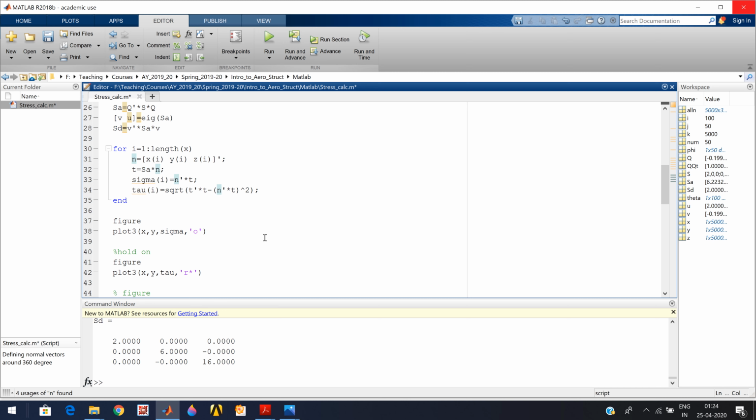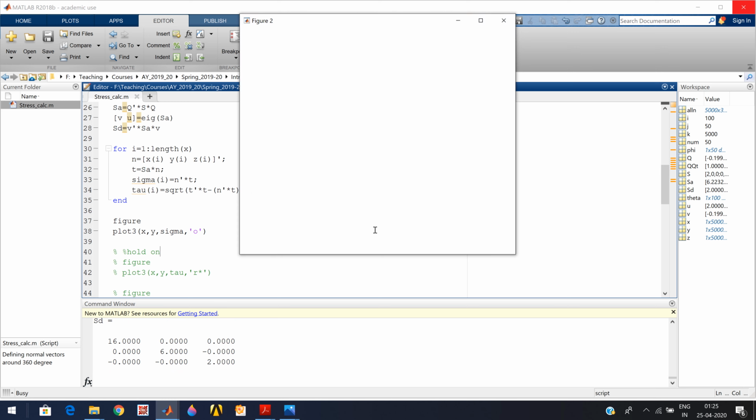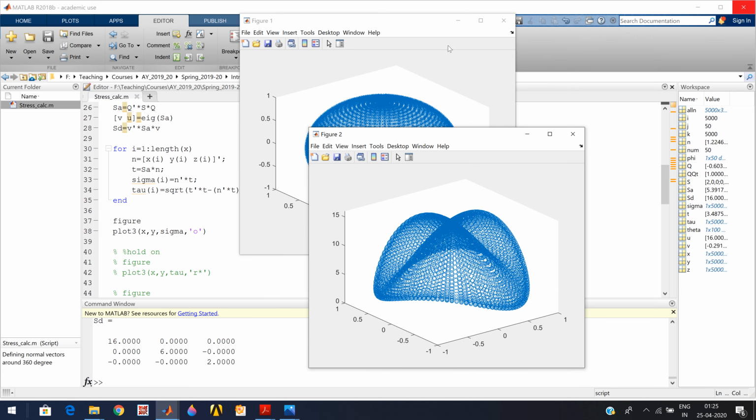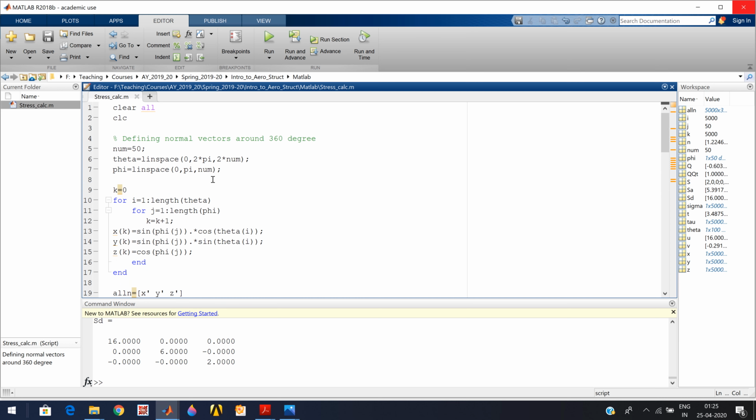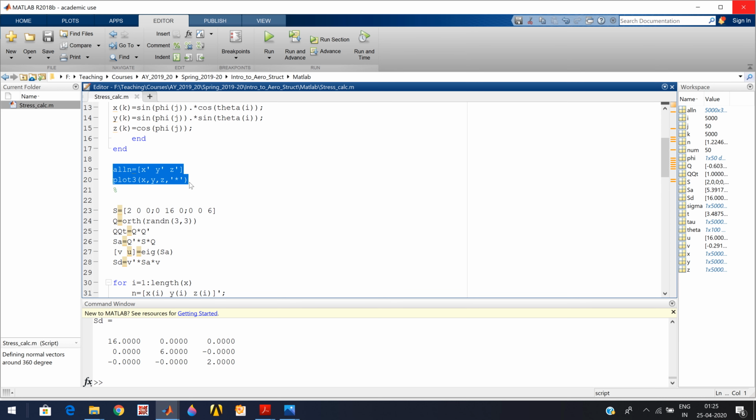That's why I'm plotting sigma with respect to x, y. That means every point is projected to the xy plane, and for each of these points I'm showing a surface plot of sigma. Let us first plot that and see what we get. Okay, this figure 2 I'll just comment because it is for this one.